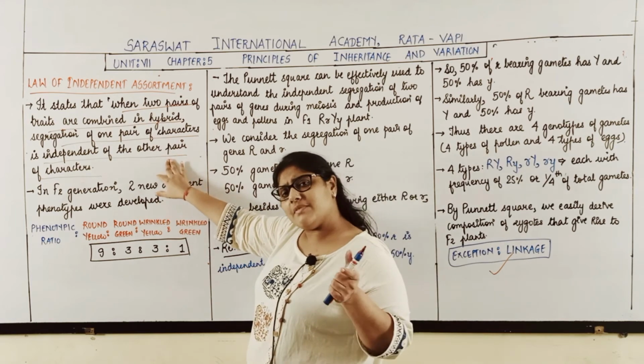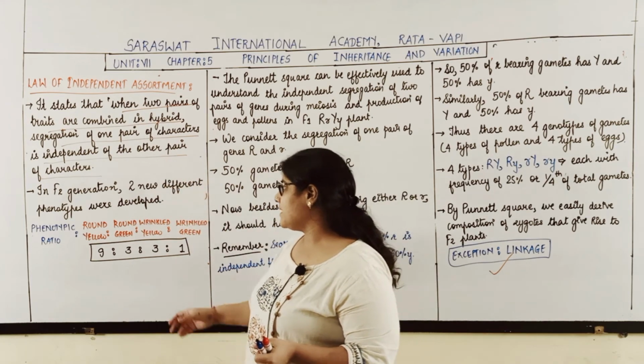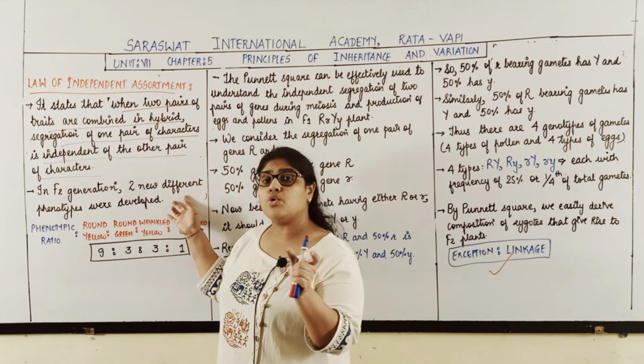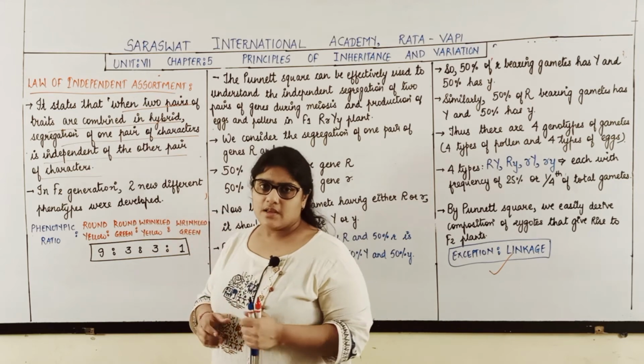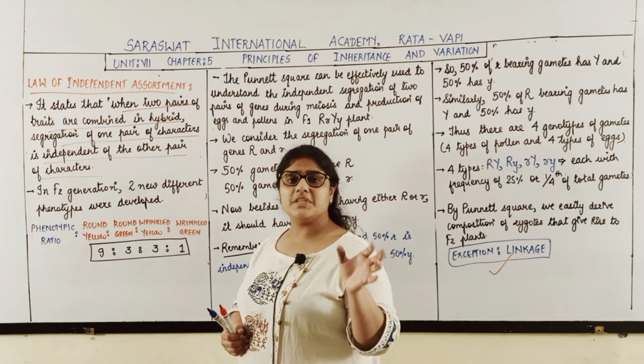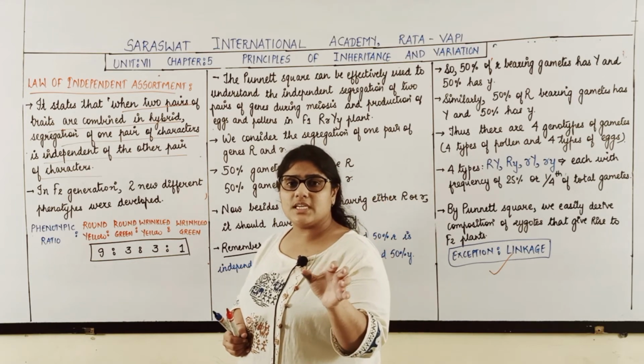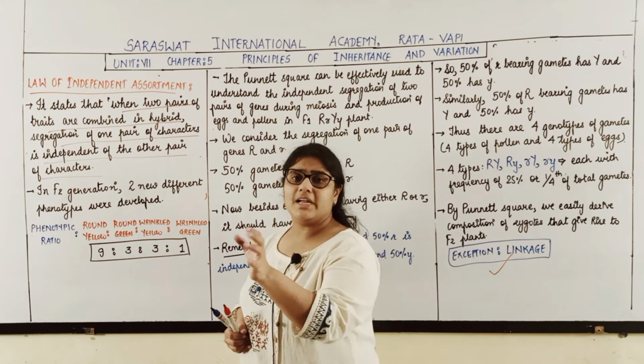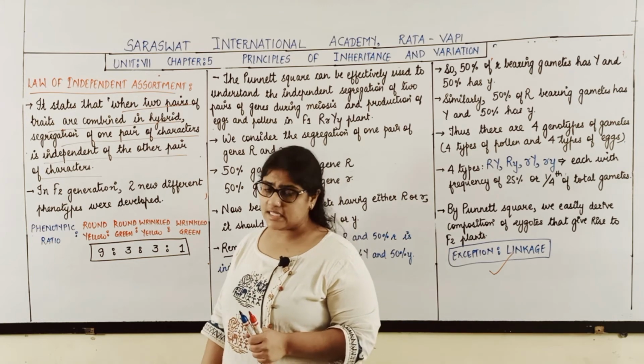So students, when we performed the dihybrid experiments, we got two new phenotypes, right? What were the original or parental phenotypes? A plant with a round and yellow seed, and another plant with wrinkled and green seeds.